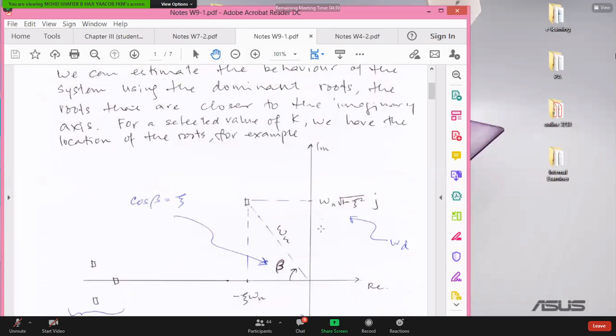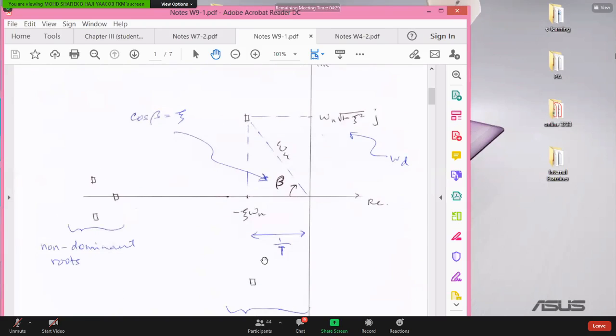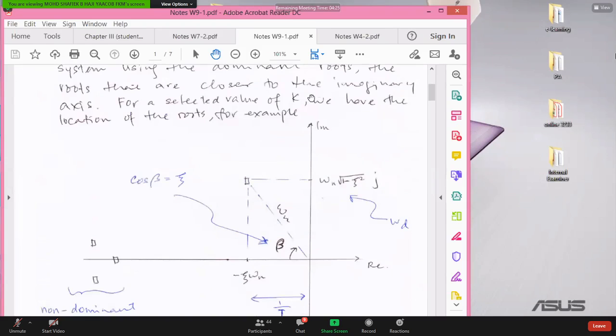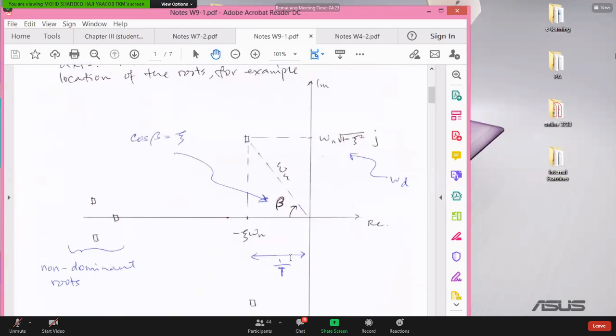With all that information, we can now select the value of k given some specification. Let's say the specification says to select the value of k such that the time constant is less than 1 second, for example. Therefore, you know that you should not go to the left of a vertical line where the real part of the root is equal to 1, something like that.